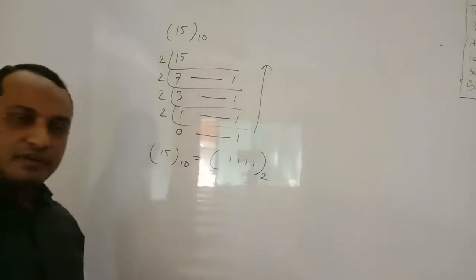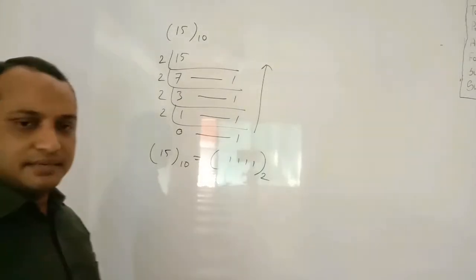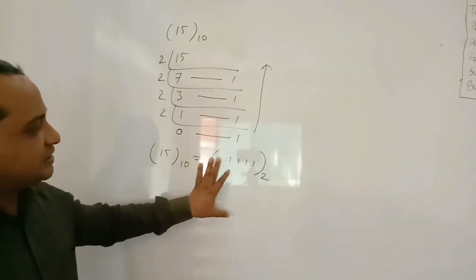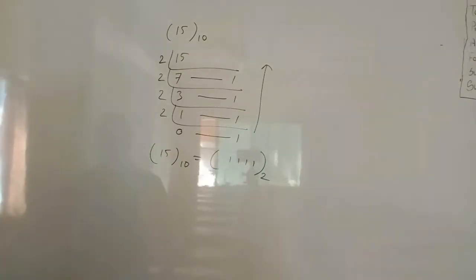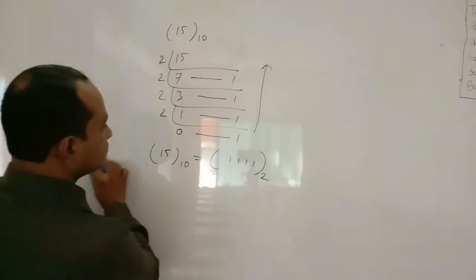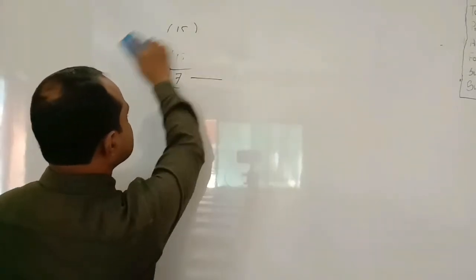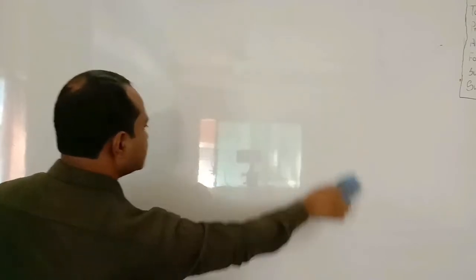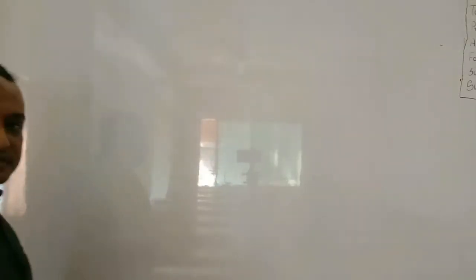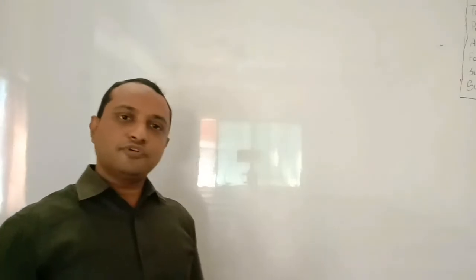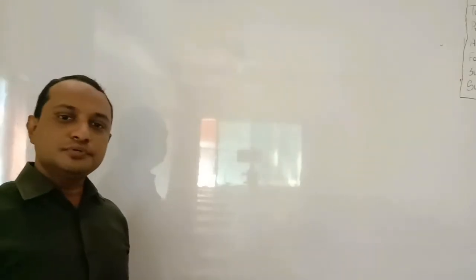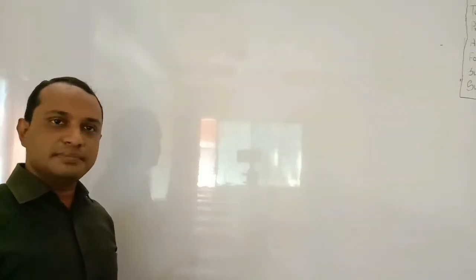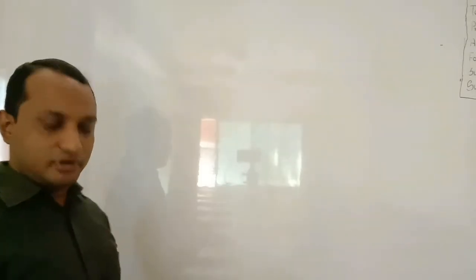As I have to use the 2's complement system, first I have to convert these numbers into an 8-bit register. As I will subtract 20 from 15, I have to use the 2's complement system on 20, not on 15.